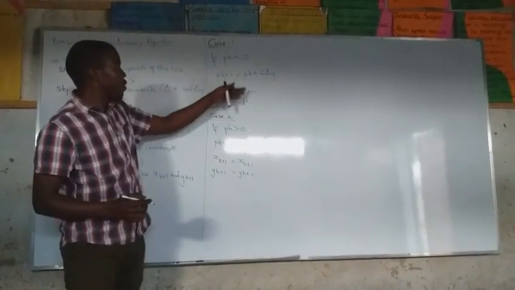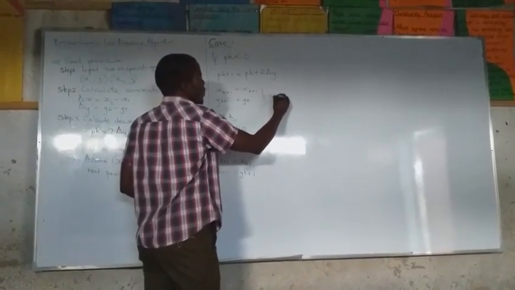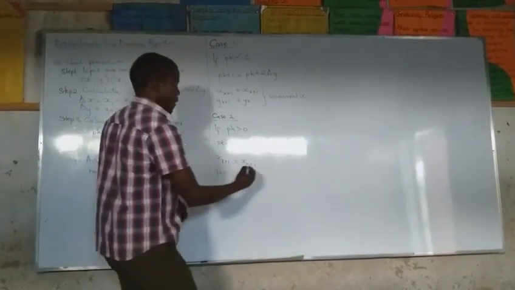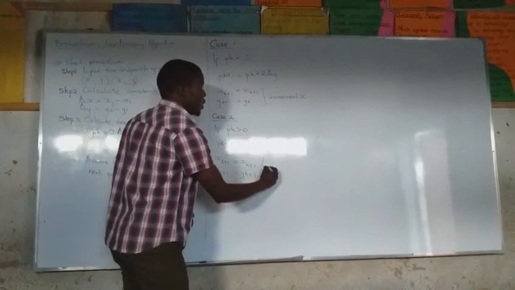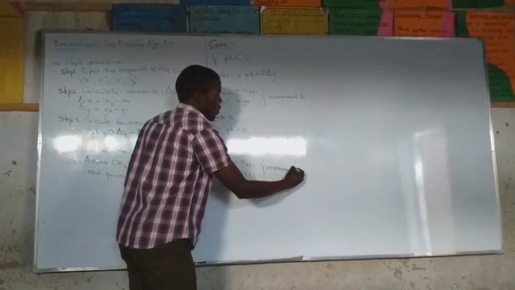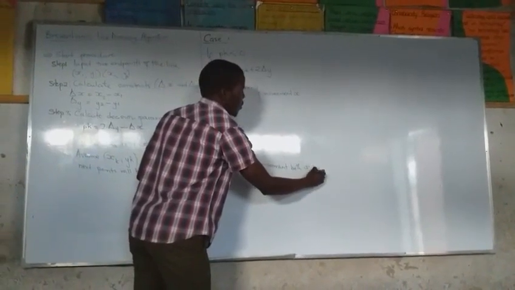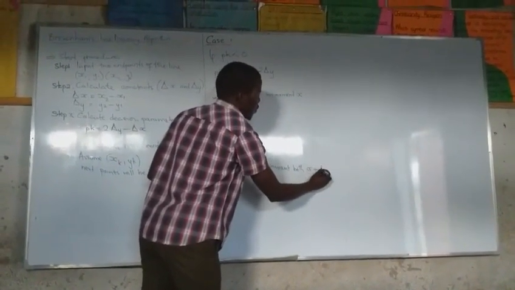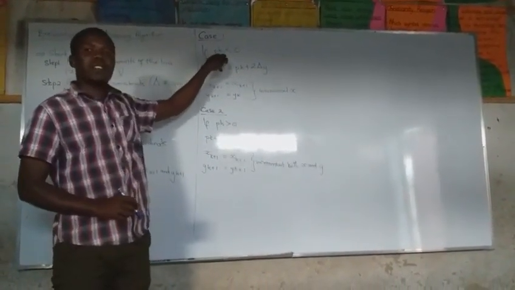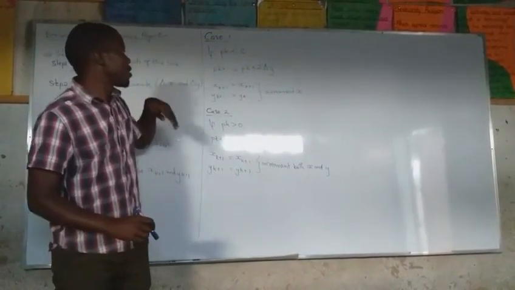So from these formulas, here we are just saying increment x. Here we are saying increment both x and y.